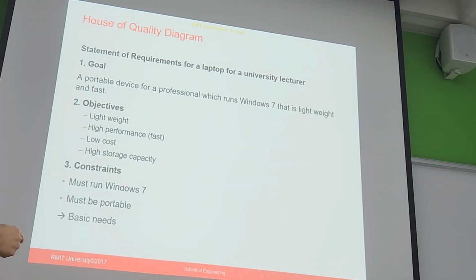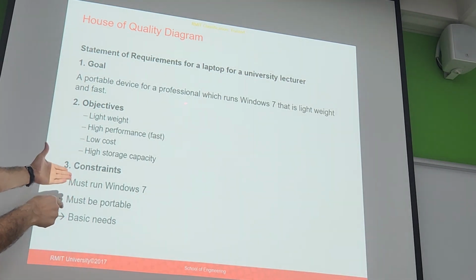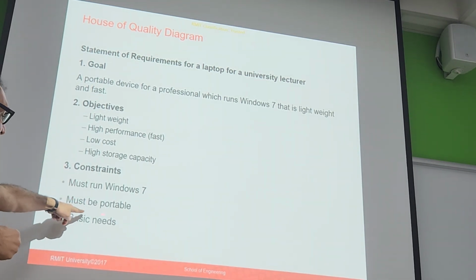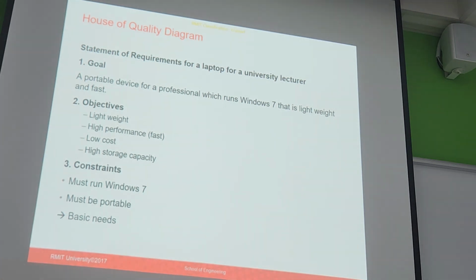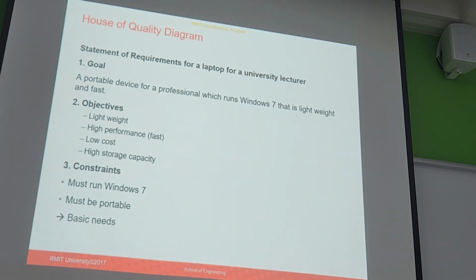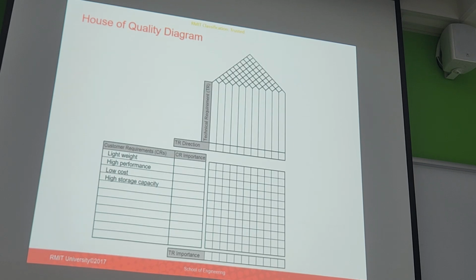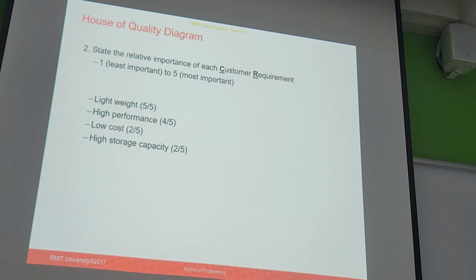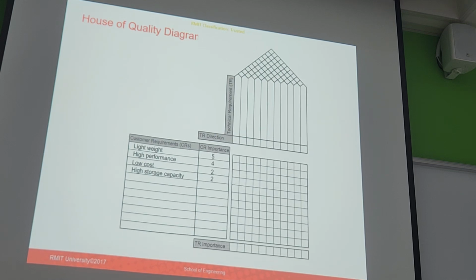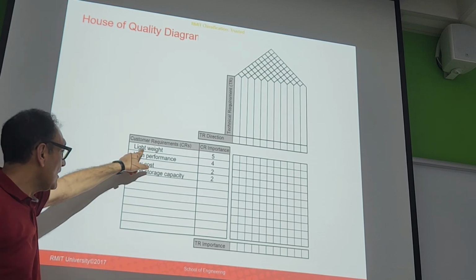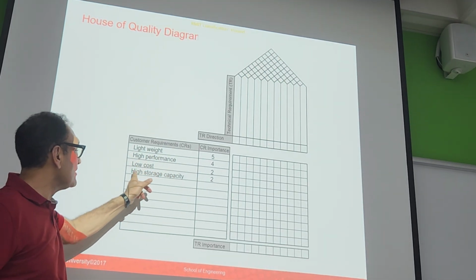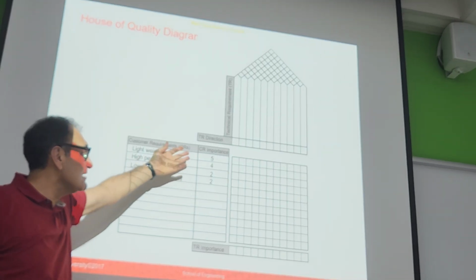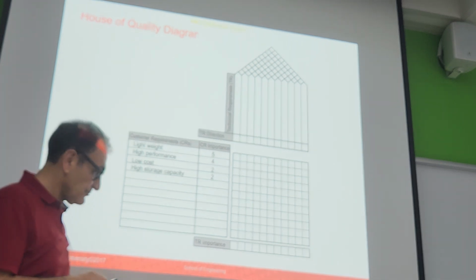Windows 7 can run it, and we need it to be portable. So portable also is important. This is about the SOR. Okay? And then if we use the house of quality, it tells us about the customer needs: lightweight, high performance, low cost, high storage capacity, and this is the importance.